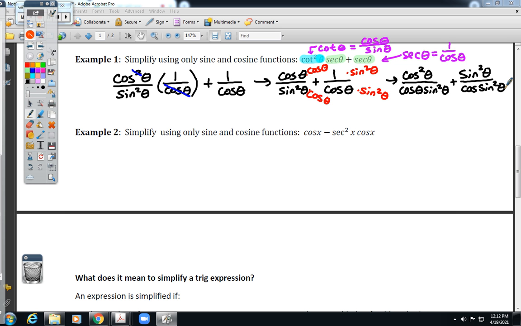When you add fractions, you really are only adding the numerators. So that would be cosine squared plus sine squared over cosine sine squared.